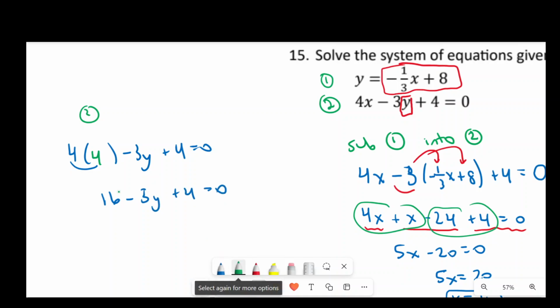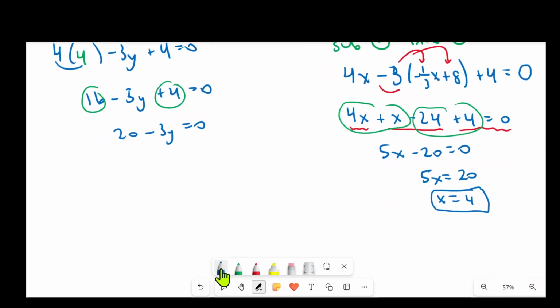And then I'm going to collect like terms. I have 16 plus 4. So I'm going to have 20 minus 3y equals 0. Then I'm going to subtract 20 from both sides. So negative 3y equals negative 20. Divide both sides by negative 3. And I get y equals 20 over 3, which we already knew.